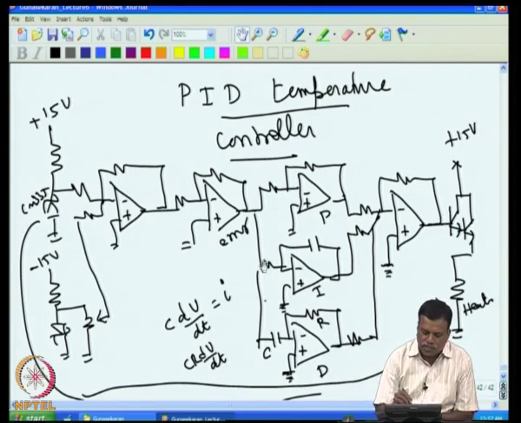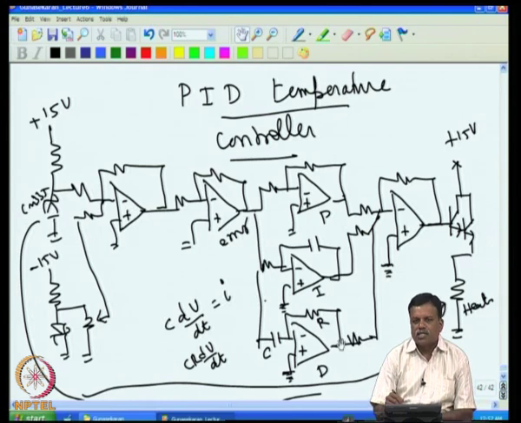We know that the system always has noise. So if I put a large C, even low frequency noise itself can produce a large voltage change here, and the system will be driven with the noise, not with the error. That is not desirable. We do not want the C to respond to the noise; it should respond only to the error.